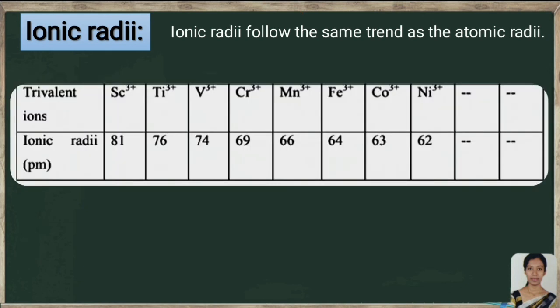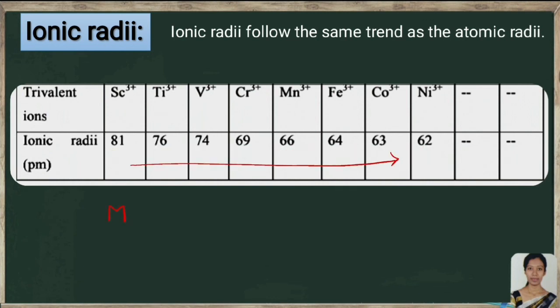Here, there will be removal of 3 electrons, and the effective nuclear charge will be even higher when compared to the +2 oxidation state. There will be a decrease in the ionic radii along the period, and you can observe it decreasing here.